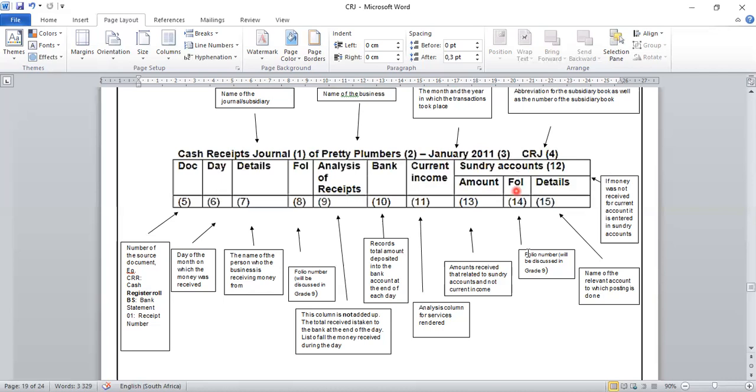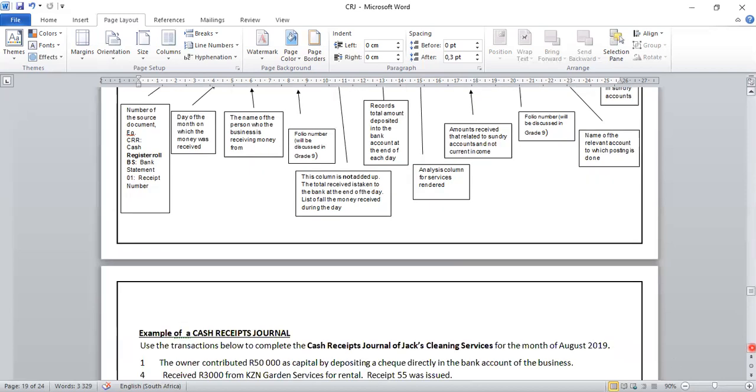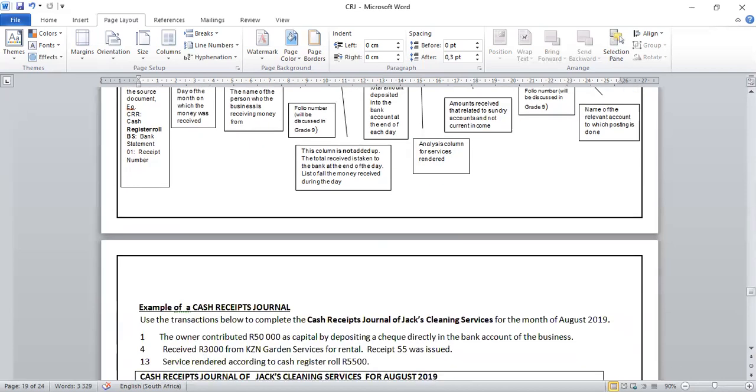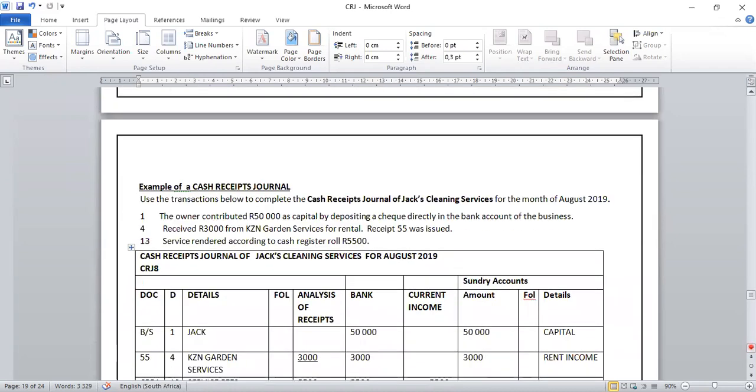Then we do not fill in the folio column. Then our details column is the name of the relevant account to which posting is done. Learners, I hope you will understand how to allocate transactions in the CRJ, as we move to our next page, that's where we'll get more transactions to record.